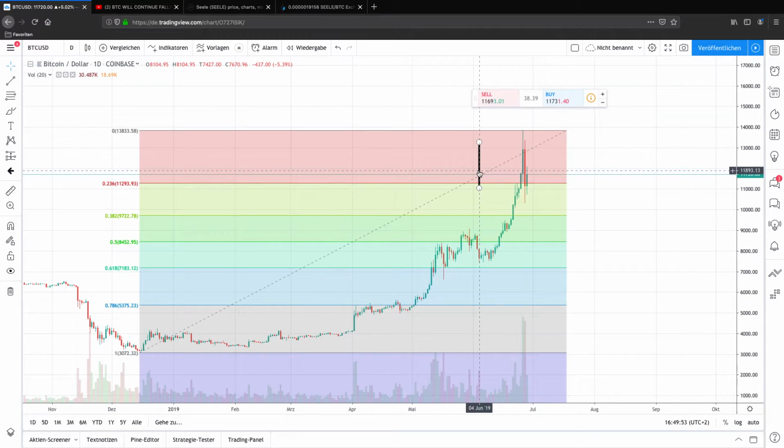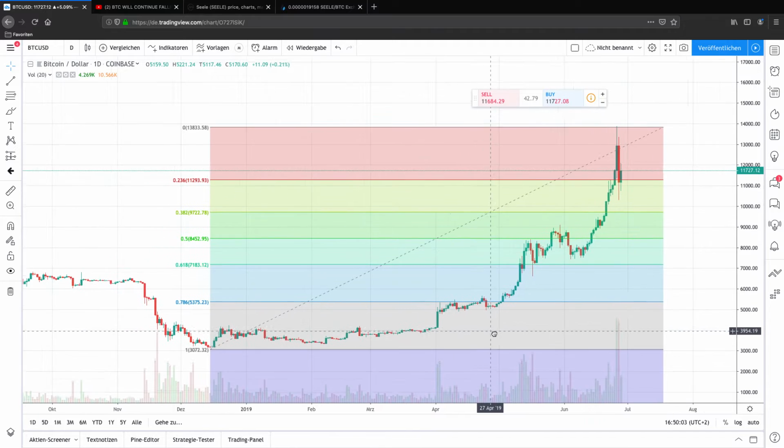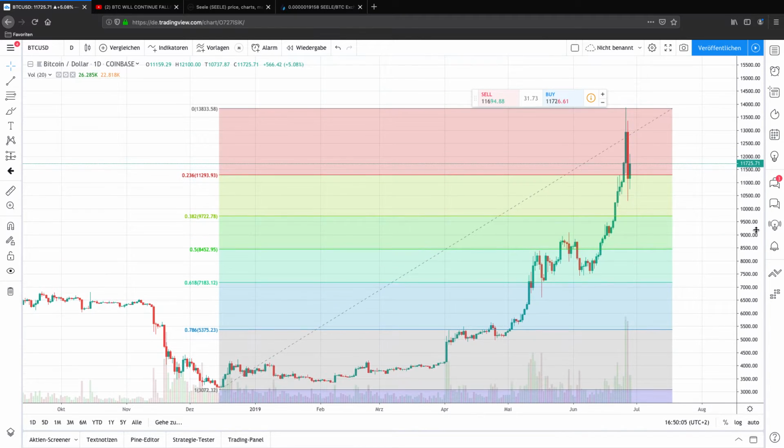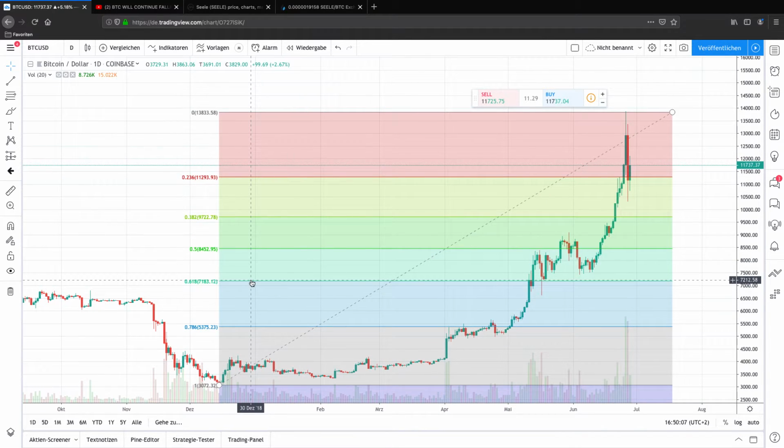Now, in my previous videos, I have shown you why I think that it is very likely that we are in a bull market, and the 61 retracement level is somewhere around $7,200. Now, why do I think that we won't fall that deep?